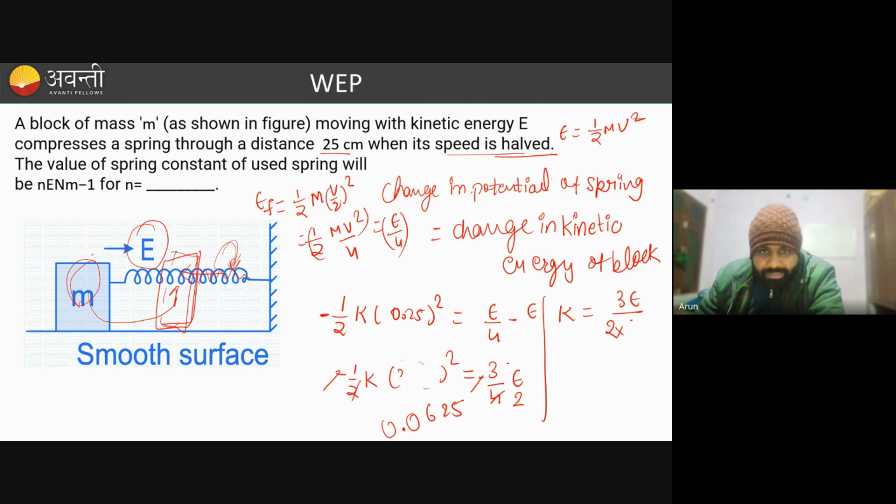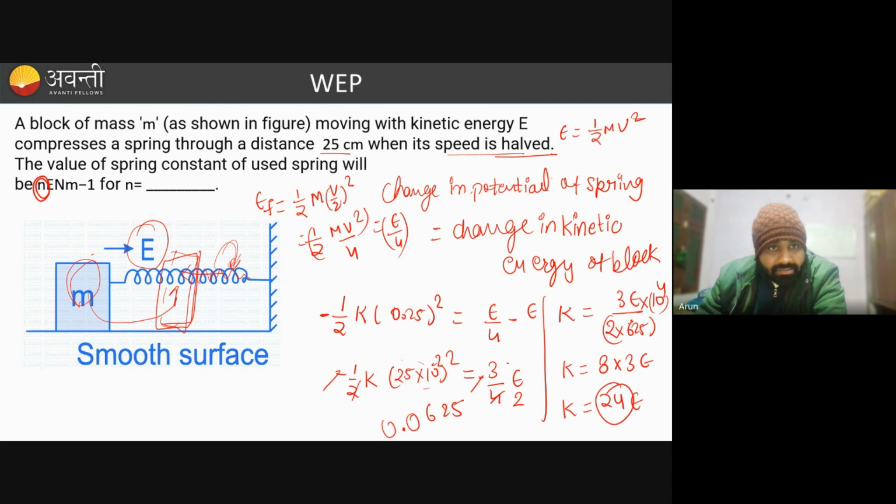It is nothing but 25 into 10 raised to the power minus 2. It will become 625, and this 10 raised to the power 4 will come up. If you divide this expression, this complete thing will become 8 into 3E. So K here is nothing but 24 times E. So the value of N here is 24.